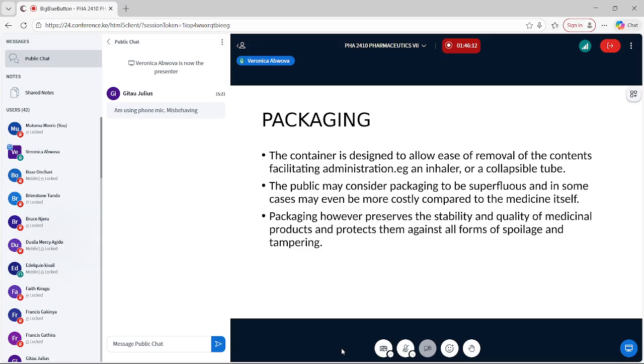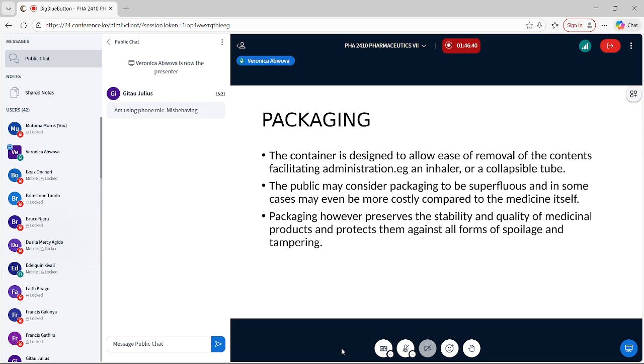Okay. You need a device that will be able to, you will be able to put the drug inside, and then the drug will be able to spray that drug, okay, and allow the drug to be atomized, okay? And then that atomization allows the patient now to inhale that drug, okay?